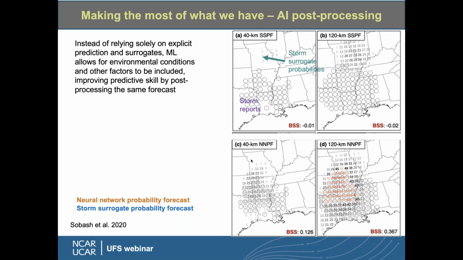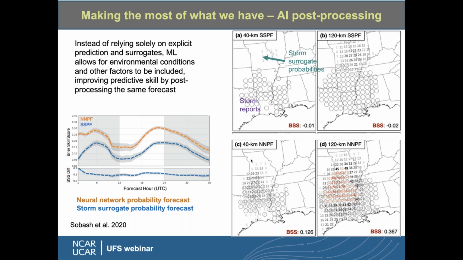We can take advantage of that by going back to these neural networks, because they can learn how to interpret the information you have and add value to it by combining it with known characteristics such as storm environment and rebuilding what those probabilities could look like. And indeed, we end up adding quite a bit of skill to these forecasts.